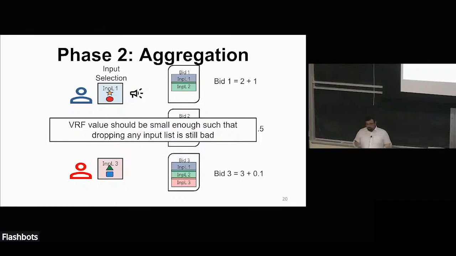So basically, all in all, the VRF value should be small enough that it does not impact the selection of inputs in the first place, because if we can just do a VRF which is infinitely large, then it doesn't matter if you're including inputs or not. So we don't want that to happen. We don't want it to be so large that all parties are incentivized to withhold their inputs.